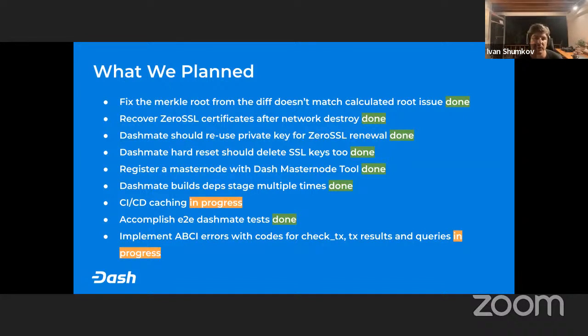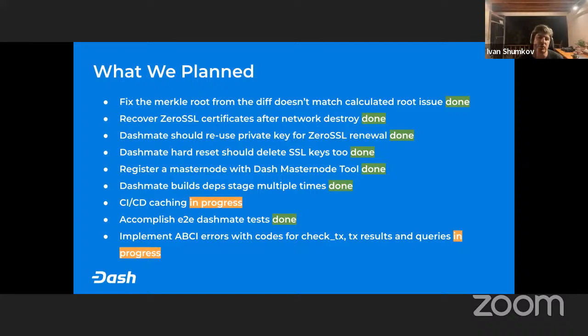So now Dashmate properly uses it, so it does not run the same stages for different services and does it only once, building dependencies only once and then proceeding with other steps for different services.